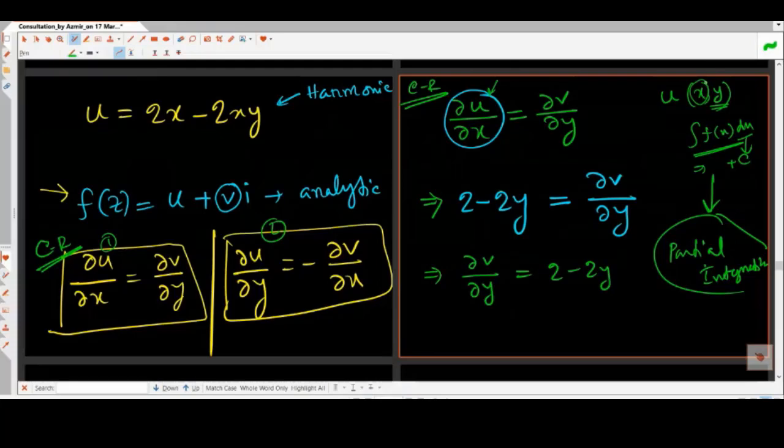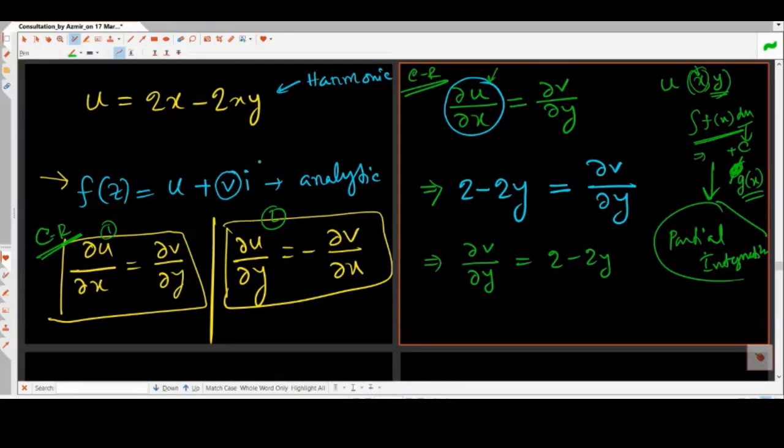But since this time x itself is a constant, instead of c, instead of a number, we can think about a function. Let's say g of x is constant. So instead of c, we will write another function g of x that is working as a constant.